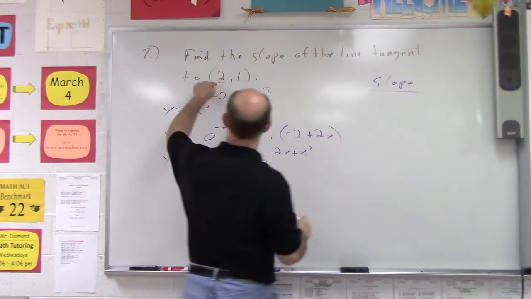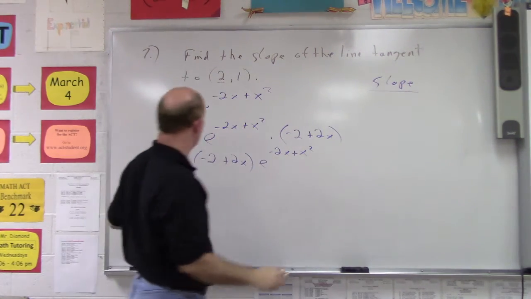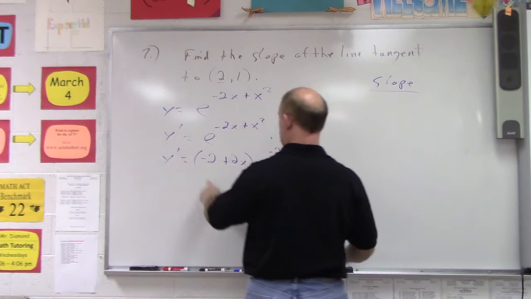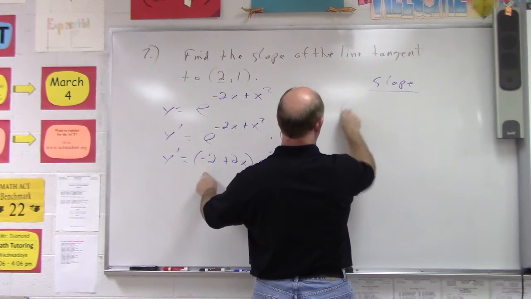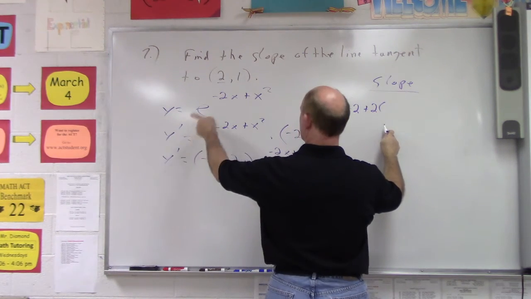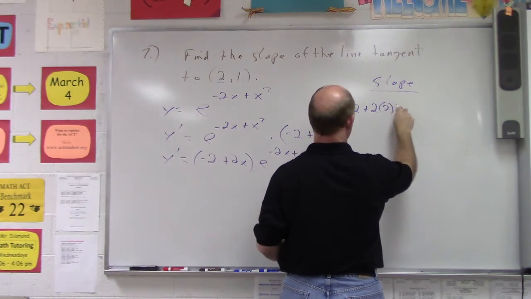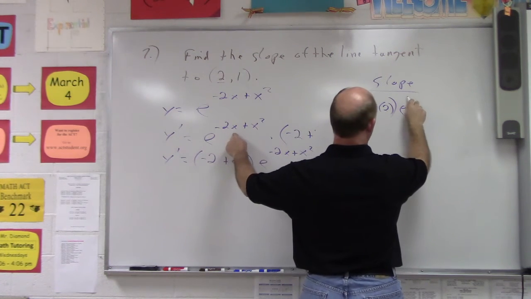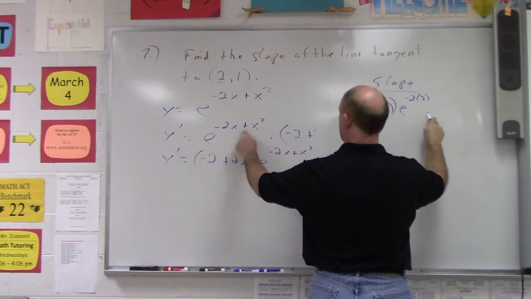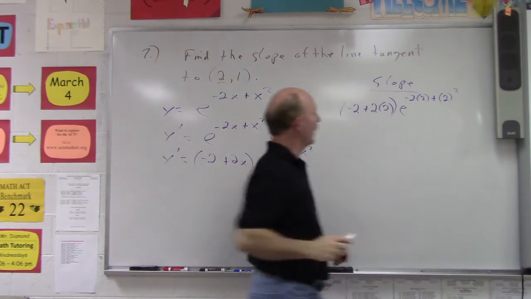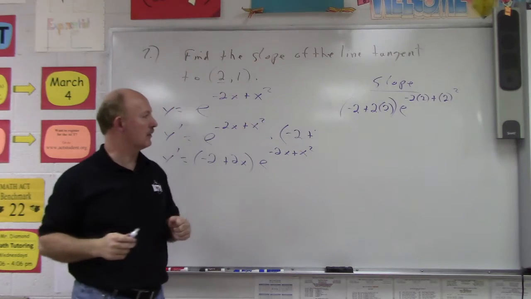Substituting 2 in for x, it'll be negative 2 plus 2 times 2, times e to the exponent negative 2 times 2 plus 2 squared. Okay, that's going to give us our slope.